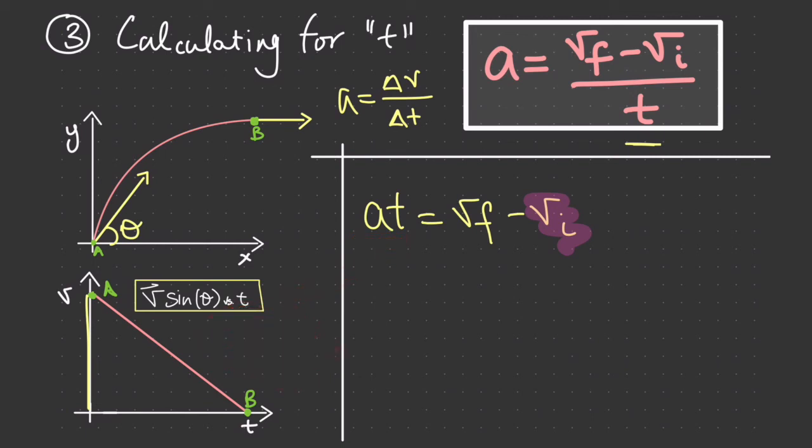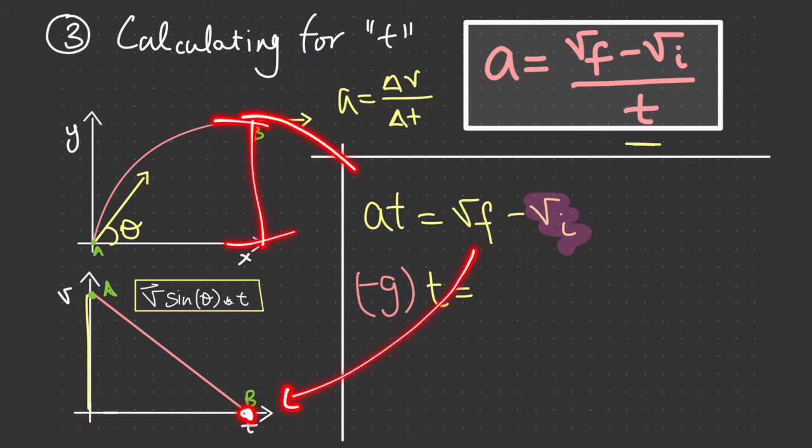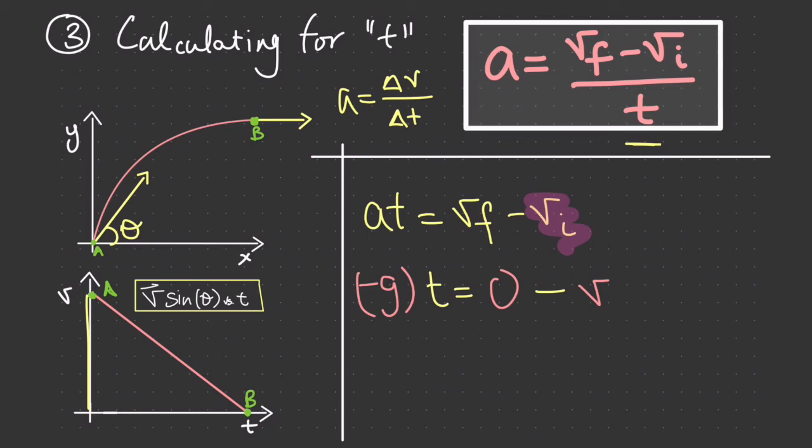At the end, we'll have a formula which looks like negative g times t is equal to velocity final, which, as we know, must be 0 because after this it's going to start going down, so this point must be 0. Therefore, velocity final is 0, and you have minus the initial velocity, which is v sine of theta.